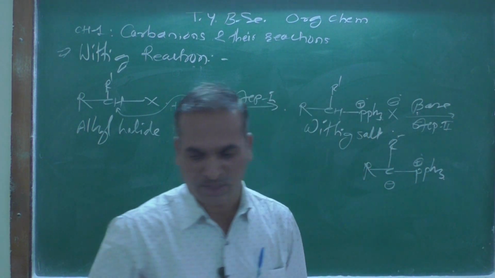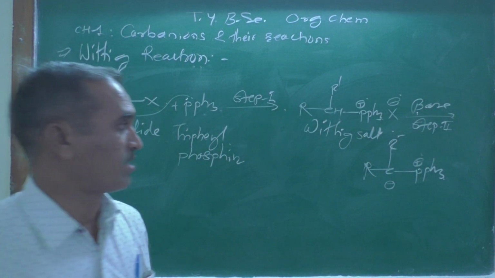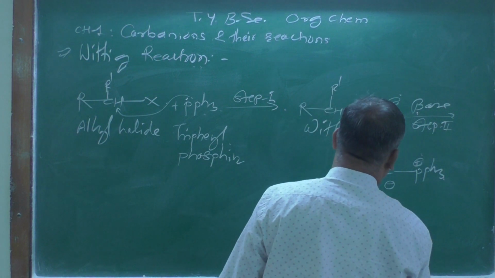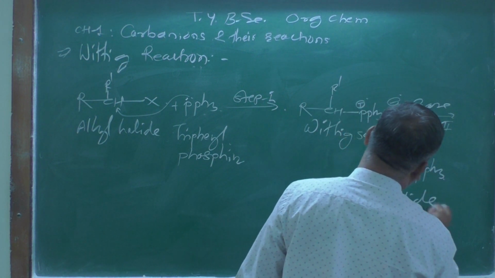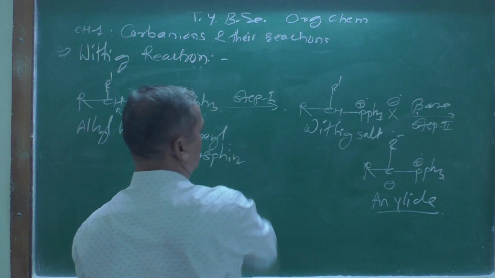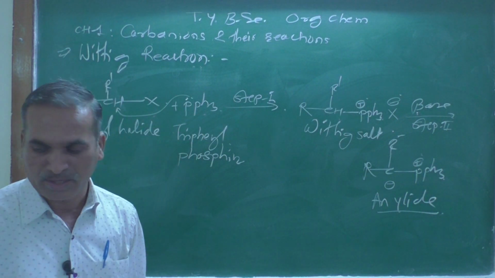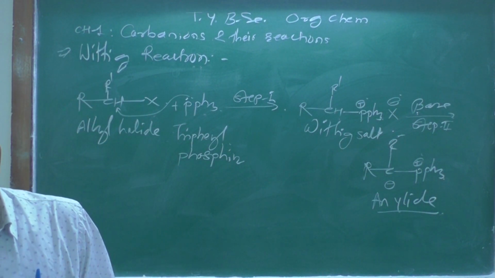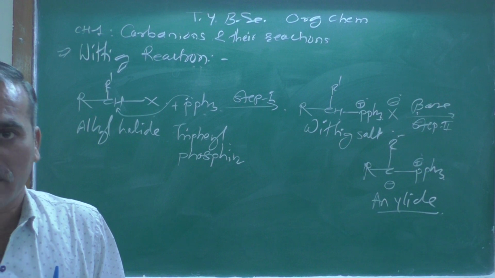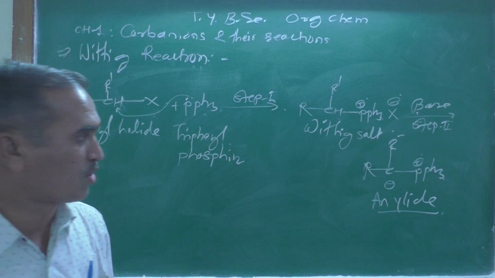This type of species is known as an ylide. What is an ylide? An ylide is obtained by treating the alkyl halide-derived salt with the base. The resulting compound obtained is called an ylide.